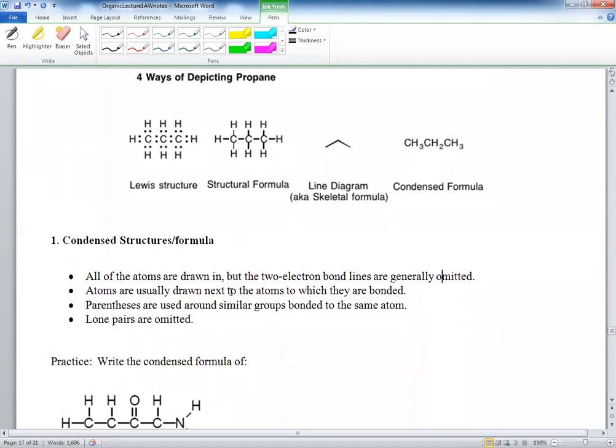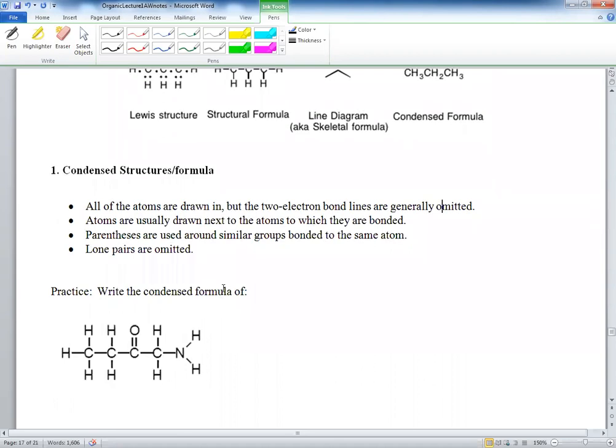Atoms are drawn next to the atoms to which they are bonded. So in this case, you have the C attached to 3 H's and of course to the C next to it. Parentheses are used around similar groups bonded to the same atom. And lone pairs are not shown, they're omitted.